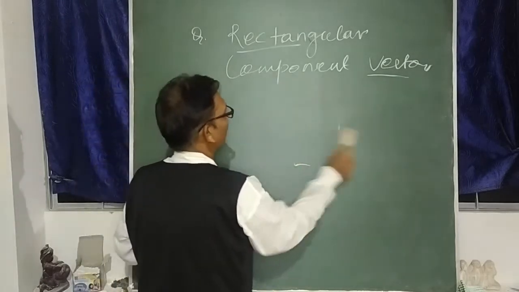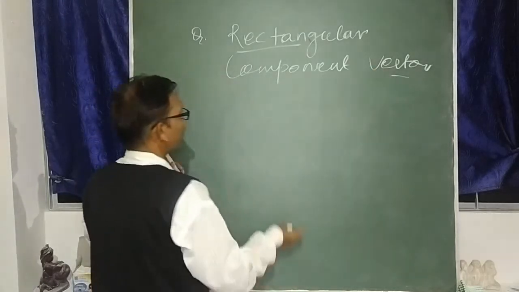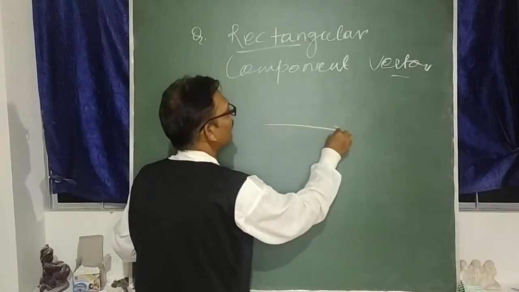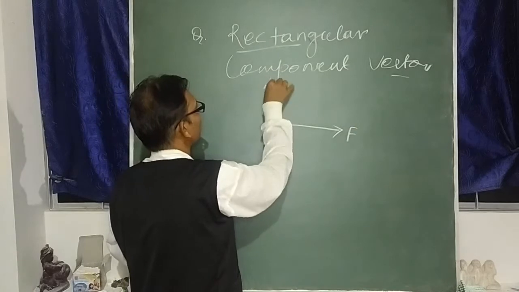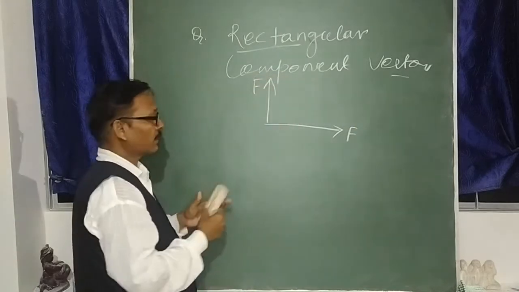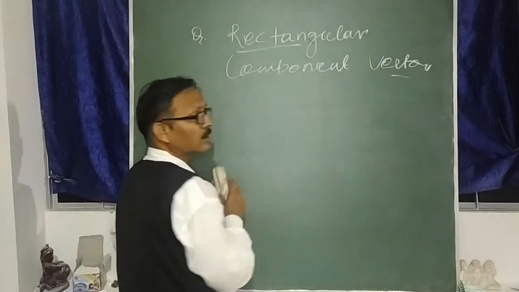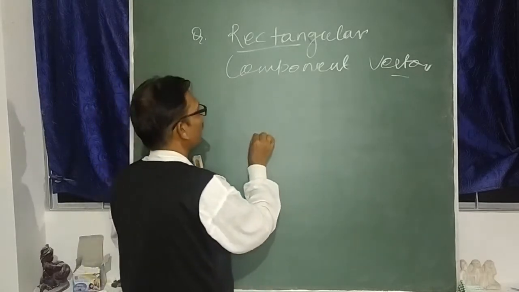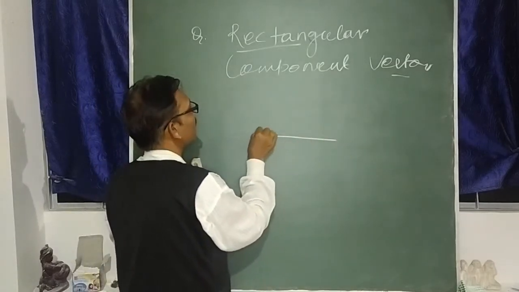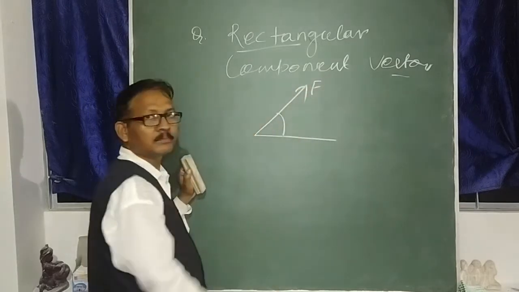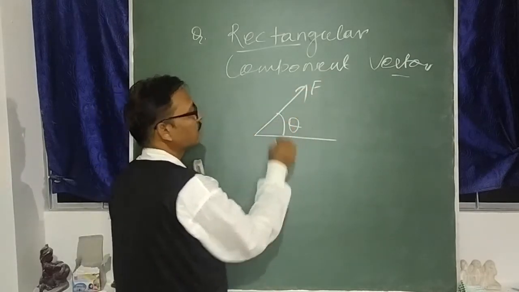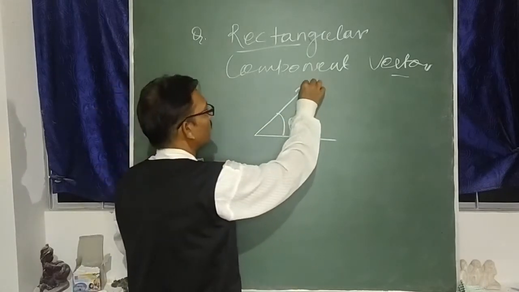Here, rectangular component of a vector. Any force always acts either in the horizontal or in the vertical direction. If a vector acts at some angle with the horizontal, some angle is equal to theta, you make a right triangle.